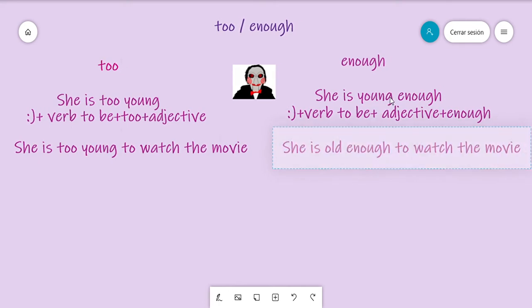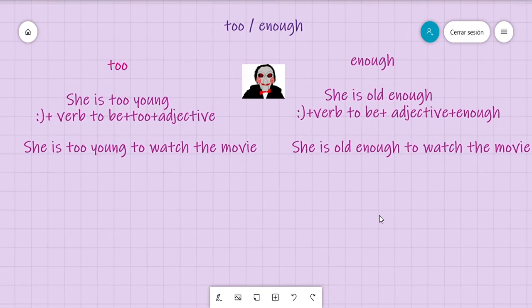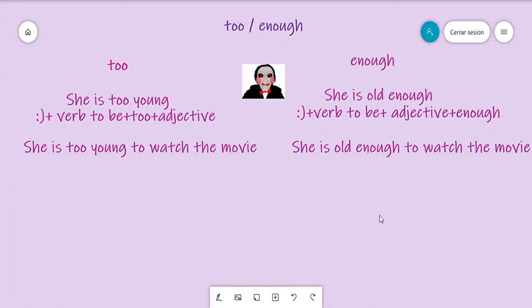Okay, she is old enough to watch the movie. So you say that the person is mature enough in order to watch the movie. So this is a way that you can write it. The structure, as I said, is the person, the verb to be, too, the adjective, and the verb in infinitive with to, and obviously the complement of the sentence.